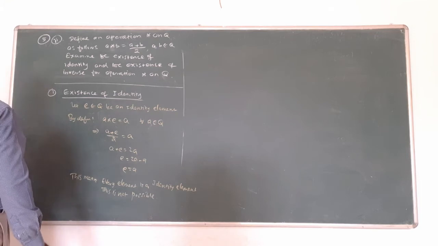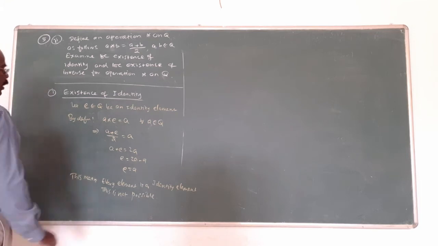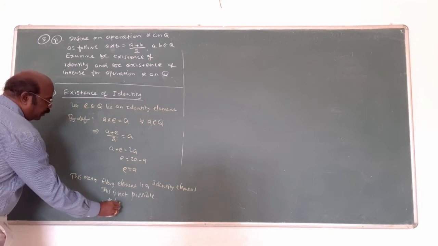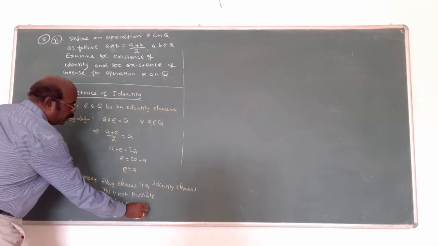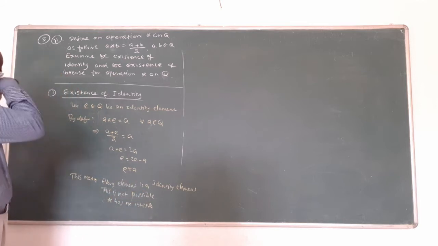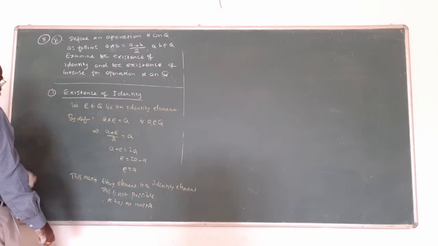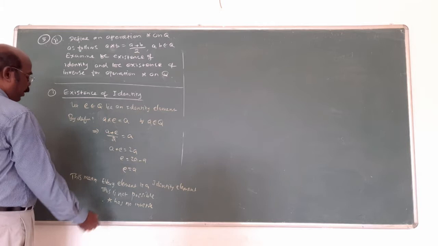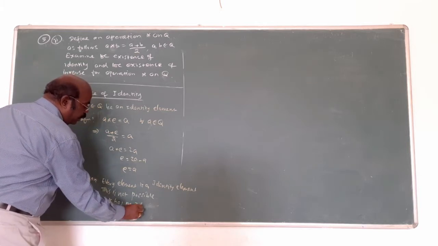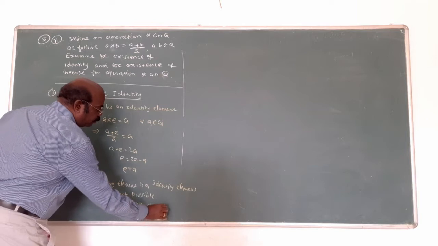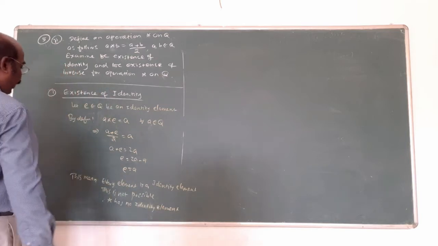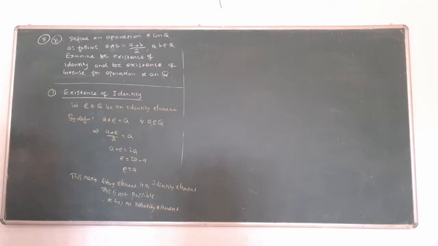That's why star has no identity element. This is the answer. Therefore, star has no identity element. Understand? Suppose some other operation comes in, inverse is possible, identity is possible. That's all. Alright? This means every element is an identity element, which is not possible because a is an identity element for a. This is not possible. Alright?